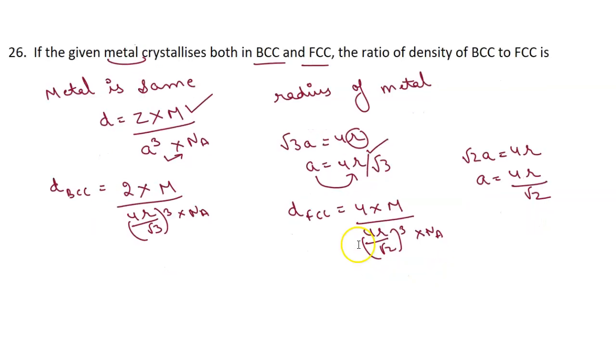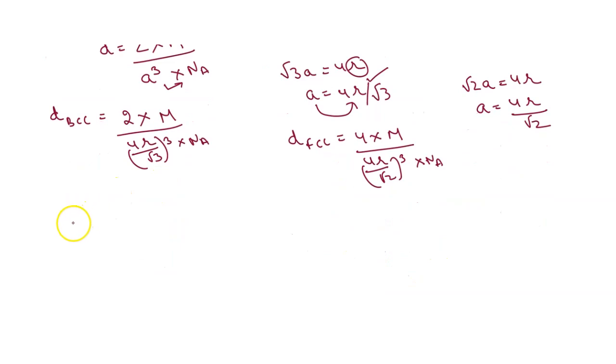Now if we divide the density of BCC by the density of FCC, we have to solve this.